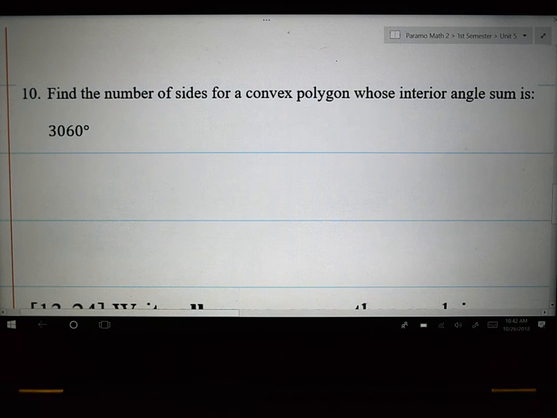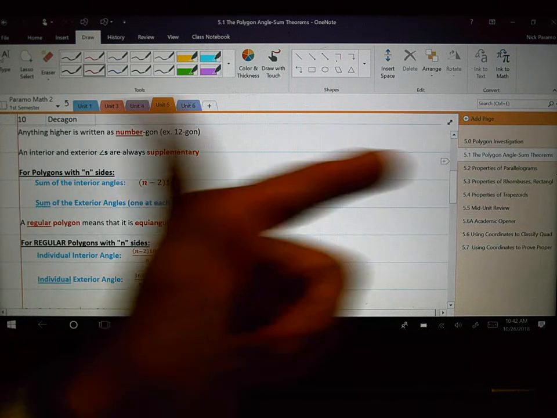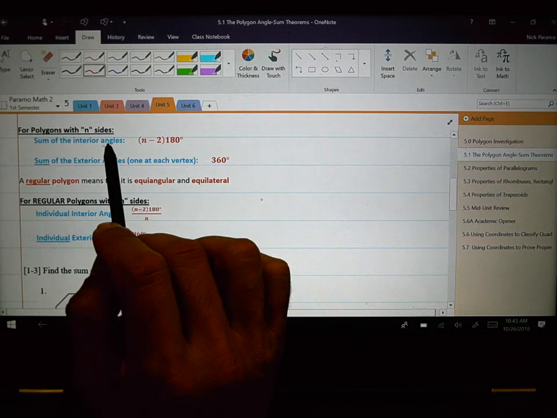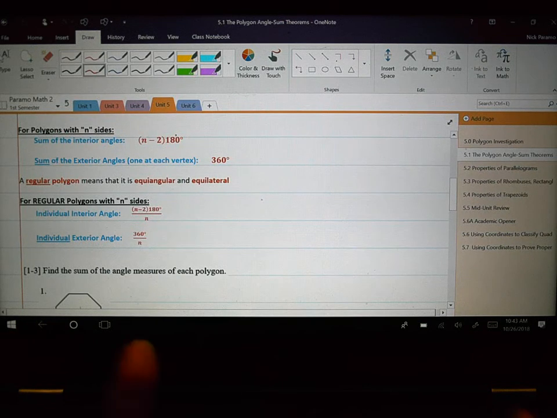Okay, well, what is that? If you don't remember, this is where I said you're going to need to maybe have your notes out, because in 5.1 we talked about the interior angle sum. There's a formula for that. You do not have to have them memorized, but you do have to know how to use them.